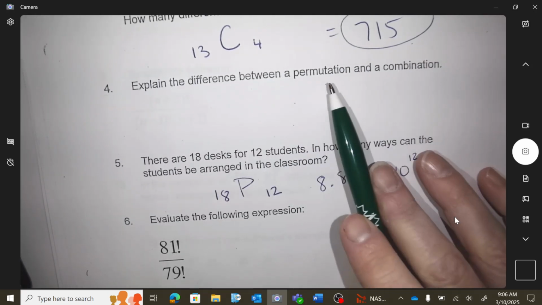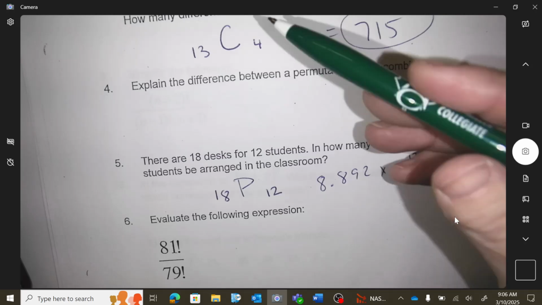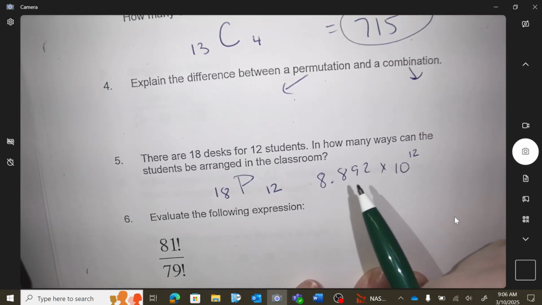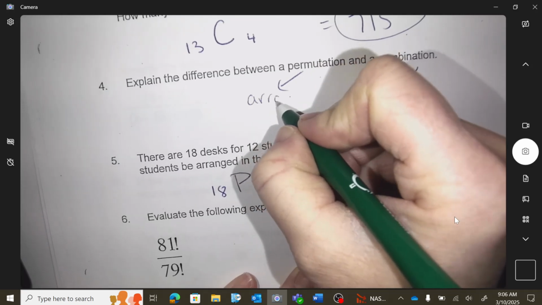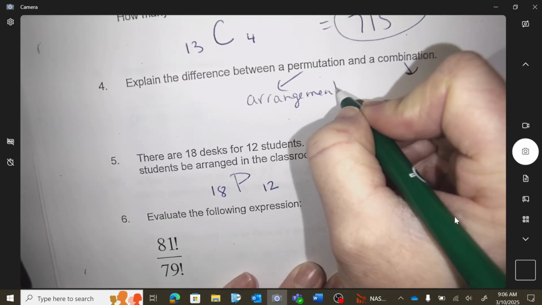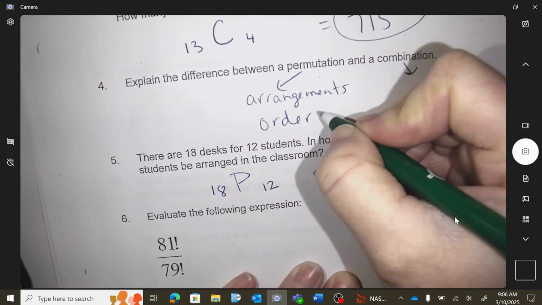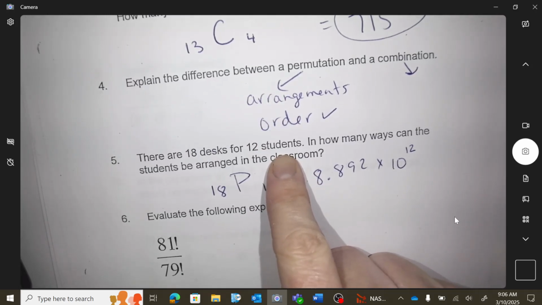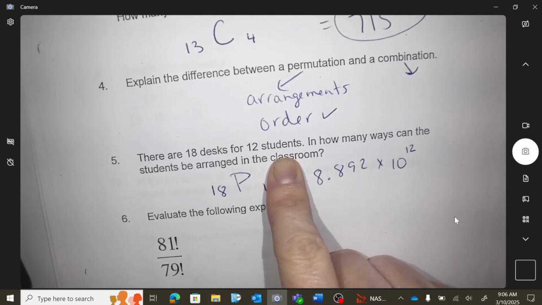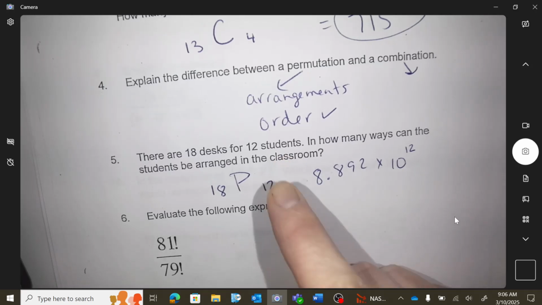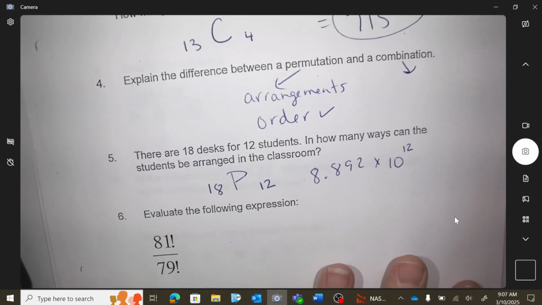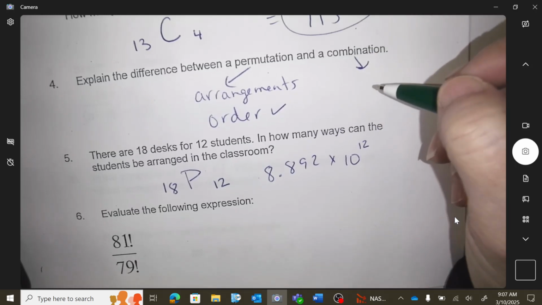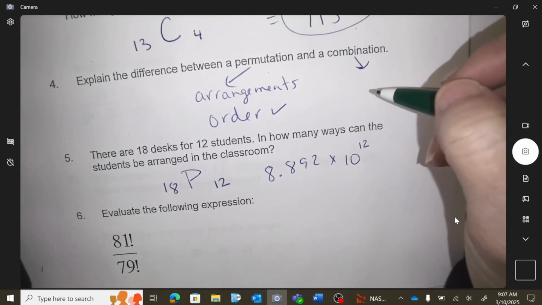Okay, so then what's the difference between a perm and a com, now that we look at those? So a permutation is arrangements where your order matters, versus a combination would be the groupings that you can do.